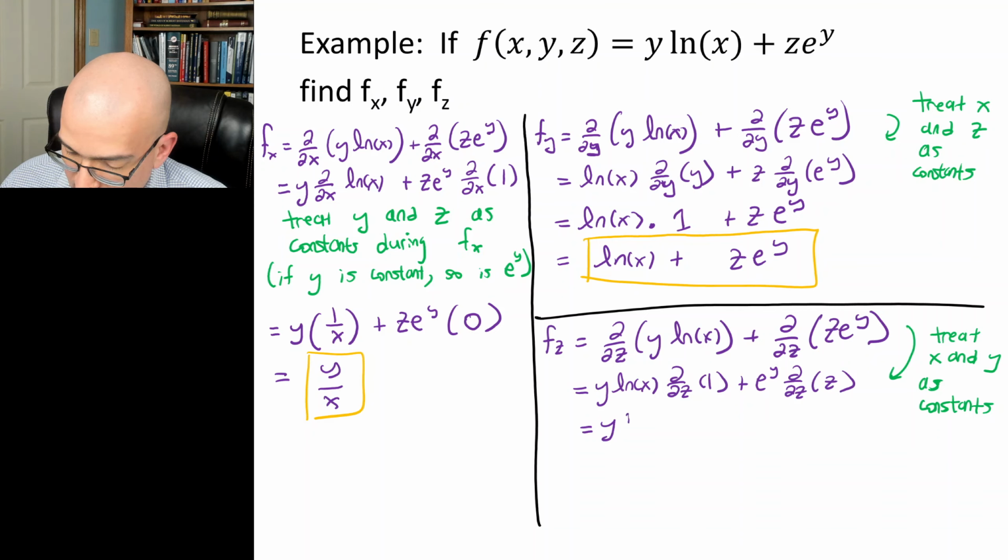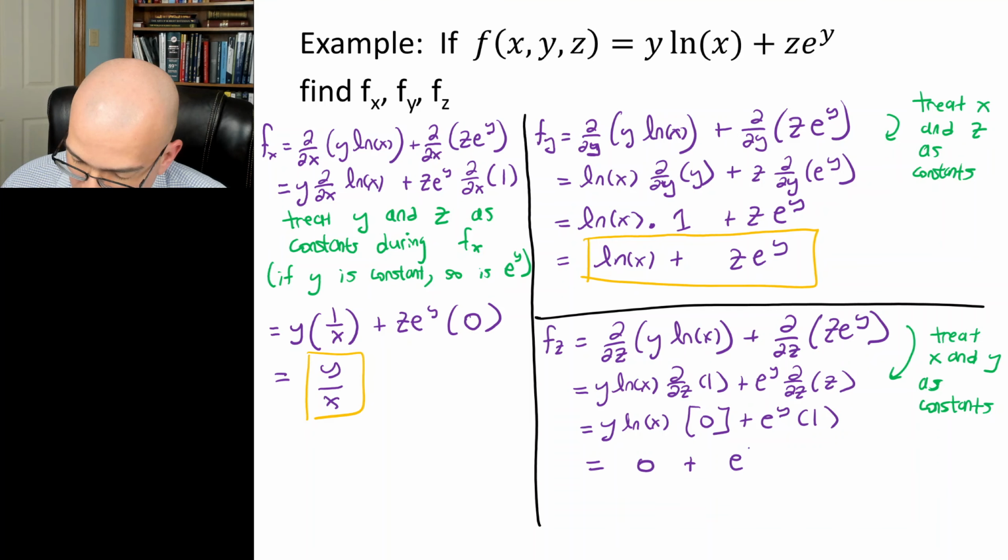So we'll have y times ln of x times 0, plus e to the y times 1. We get 0 plus e to the y, which is just e to the power y.